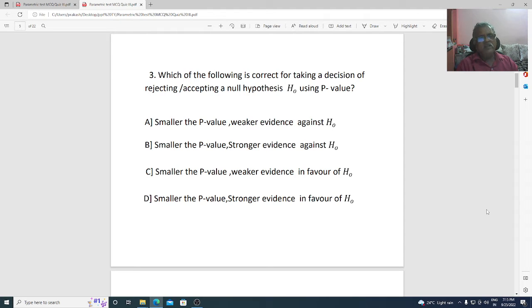Option B, smaller the p-value, stronger evidence against H0. Option C, smaller p-value, weaker evidence in favor of H0. Option D, smaller the p-value, stronger evidence in favor of H0. The correct option is option B, smaller the p-value, stronger evidence against H0.